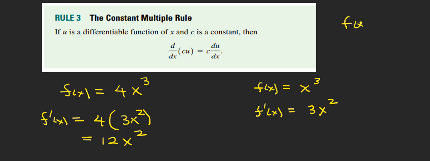If you have f of x equals 4x cubed, what you could do is, when you take the derivative, if this is a constant, just multiply them. 3 times 4 will be 12. And you get x, 3 minus 1 is 2, so you get 12x squared, which is the same thing as the answer we got over here.